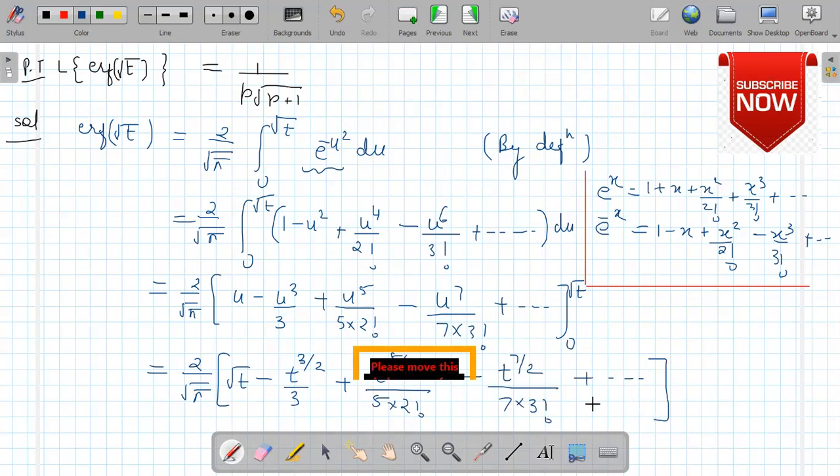So we have this expression. This integral has been removed.